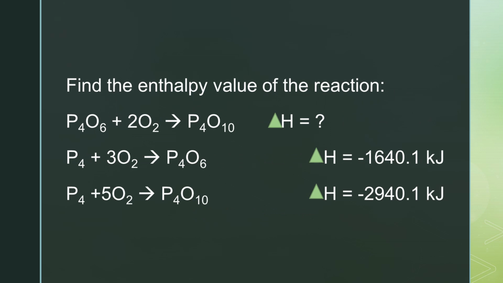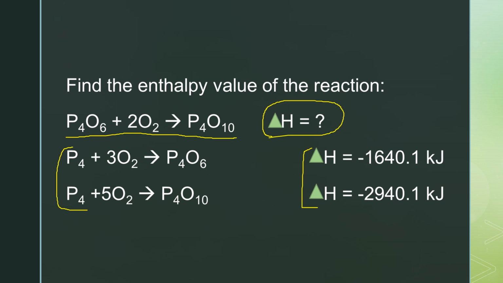Now, if you're asked to find the enthalpy value of a reaction, you see you're given this reaction equation right here, but you're not given the enthalpy value. You're asked to find the enthalpy value based on these two similar looking equations and their enthalpy values.